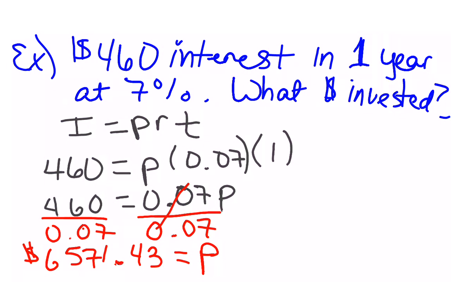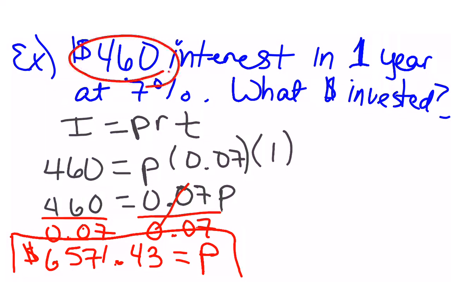So that's $6,571.43, how much money was put into the account in order to give $460 in interest after a year.